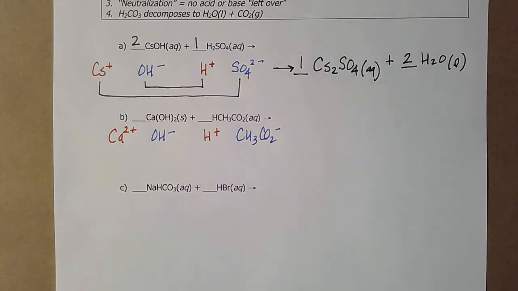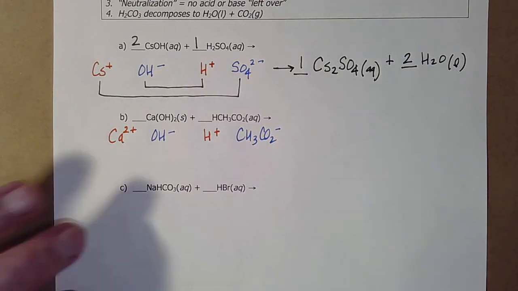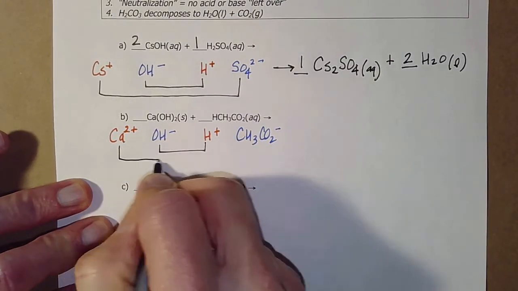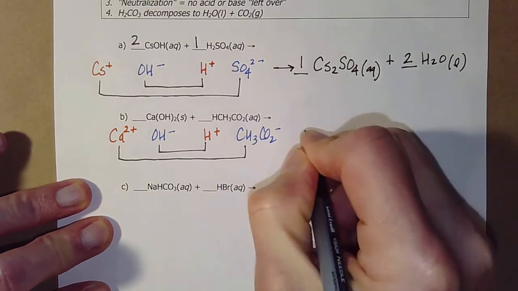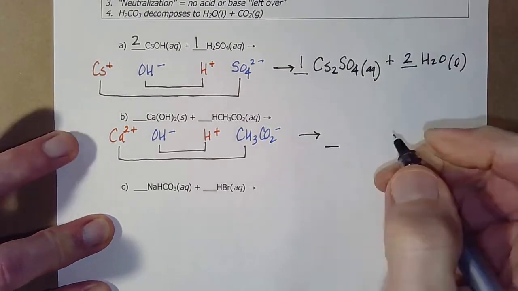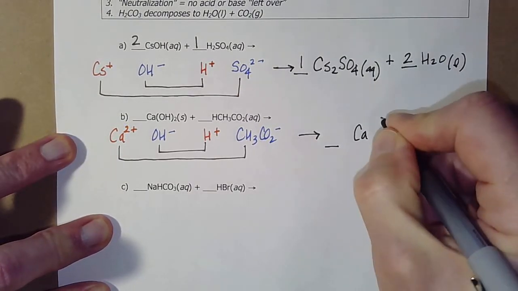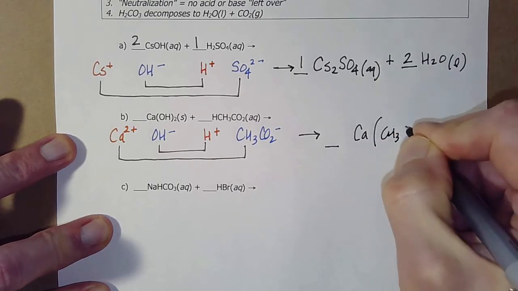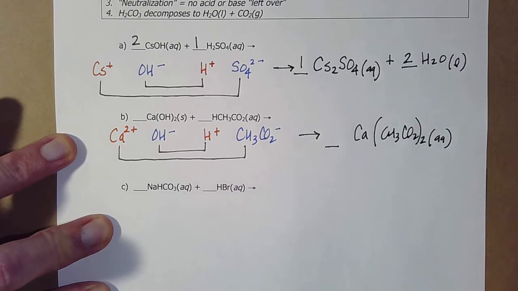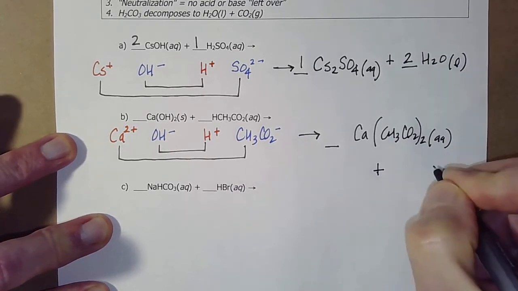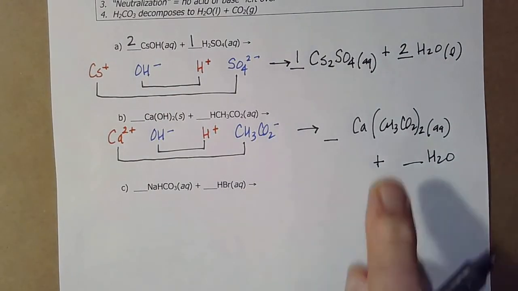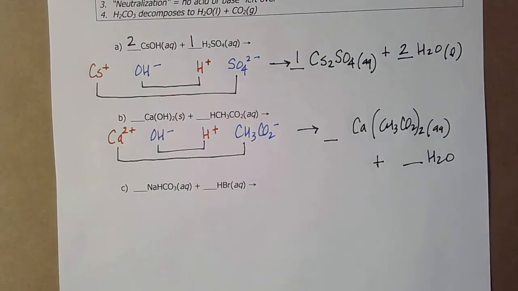I just took the cation and anion from each one and said, okay, that's right. I'm going to get water, and I'm going to get an ionic compound. So I'll put this Ca(CH3CO2)2, that's aqueous. I've run out of a little bit of room there, but there we go: ionic compound and water, just as we've been saying all along.